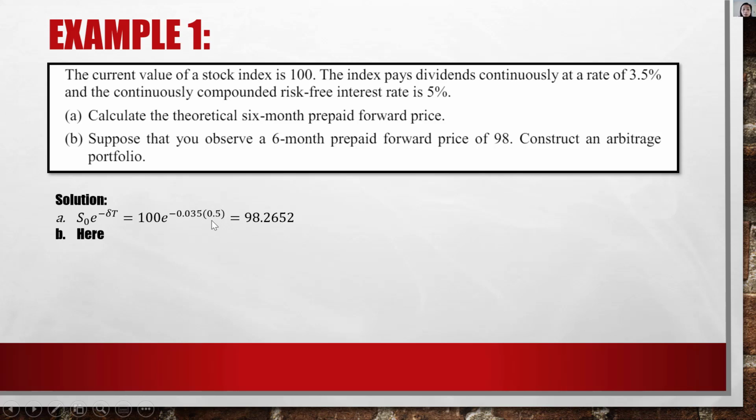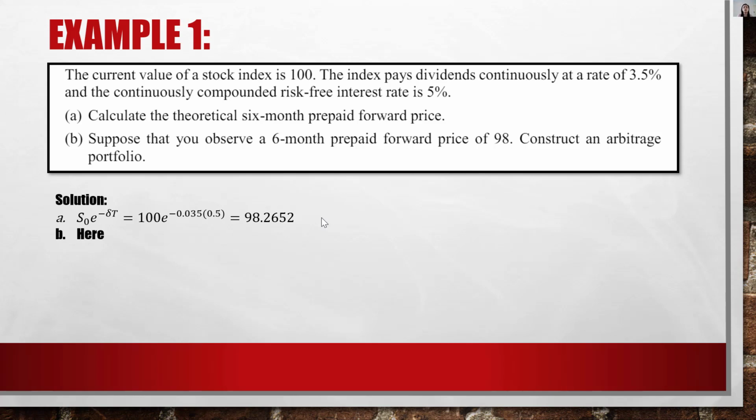See that? Not 6, because we consider a year as the unit of time. So the theoretical 6-month prepaid forward price should be S0 e to the negative delta T by the second formula, and it is 100 times e to the negative 0.035 times 0.5, which is 98.2652. So that means at time 0, you have to pay 98.2652 in order to get this amount of stock index.